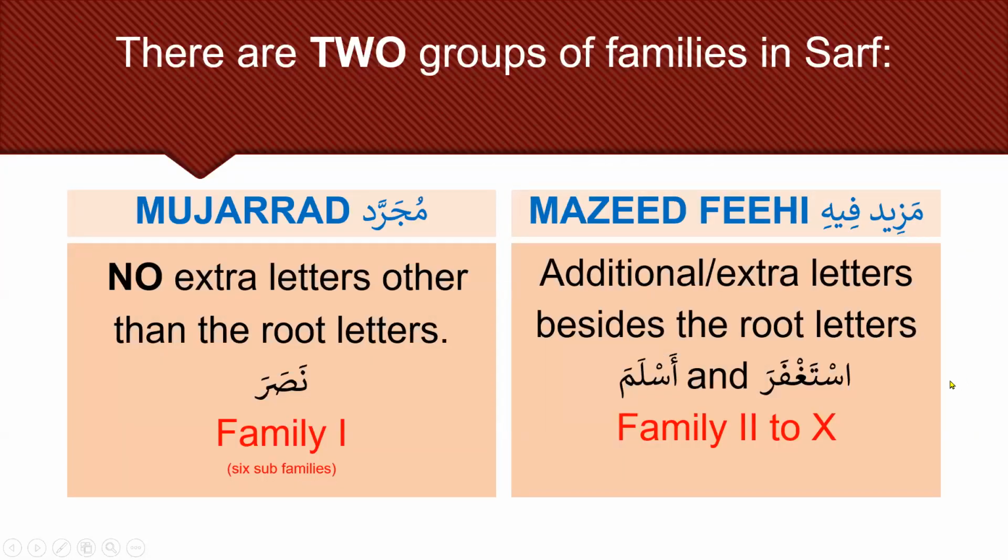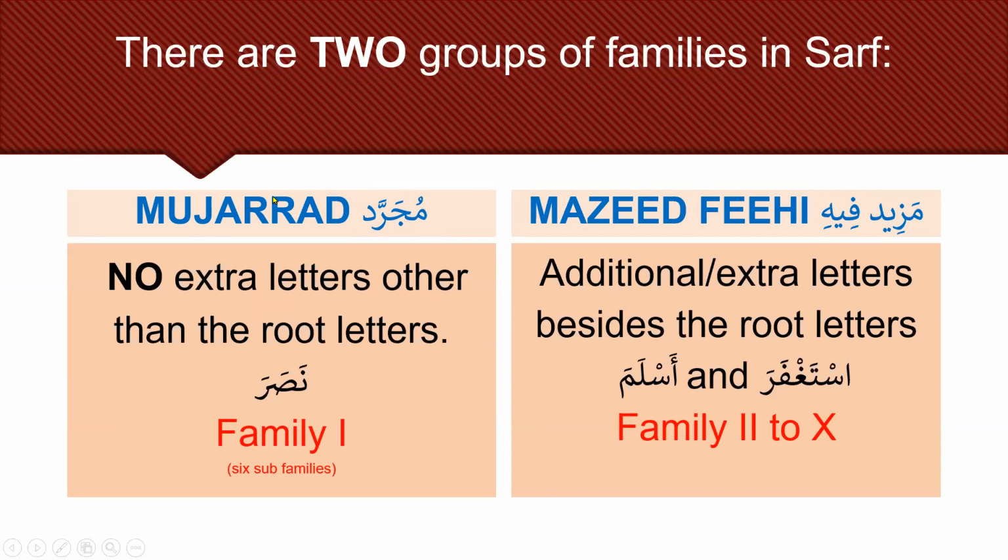So Alhamdulillah, now let's see. There are two groups of families in Sarf. In our Sarf studies, we are going to see two types of families. Our first type of family is Mujarrad.